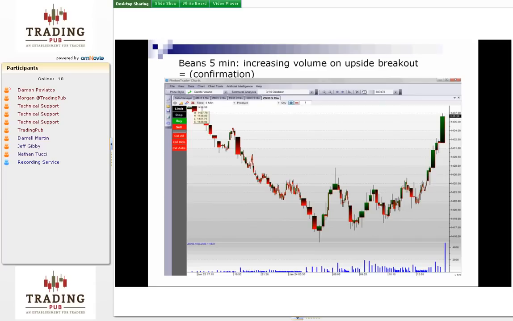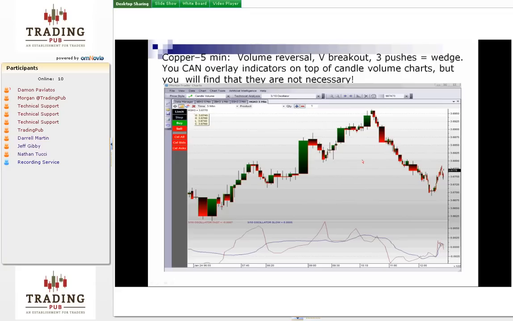So here you see the beans on the 5-minute chart. This speaks for itself. Increasing volume means stay with that trade. Lastly, as a parting shot here, these 3 pushes, again, increase in volume on the upside breakout. You have the first pullback on light volume, second push up, pause, and third push up.